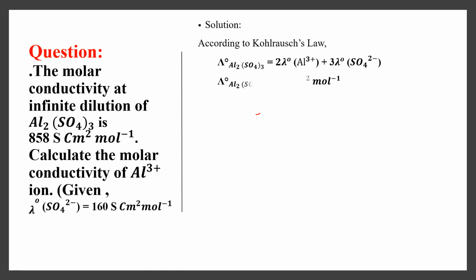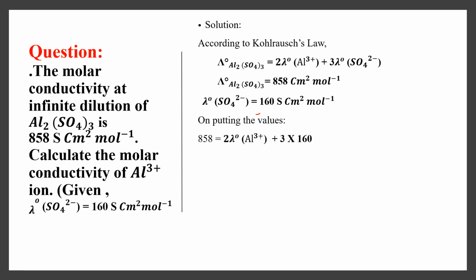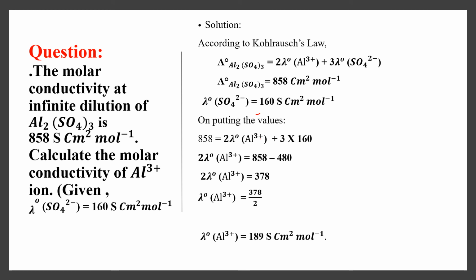Now the molar conductivity at infinite dilution is given, and similarly for sulfate ion it is also given. On putting the values in the equation, the molar conductivity of aluminium ion comes to be 189 Siemens centimeter square mole inverse.